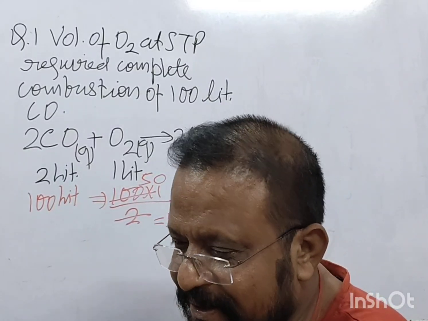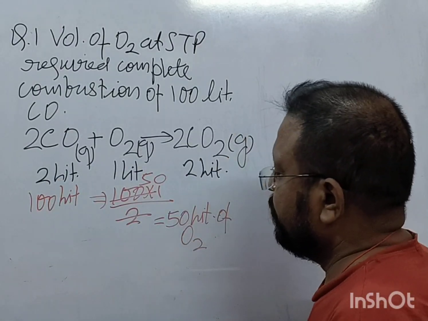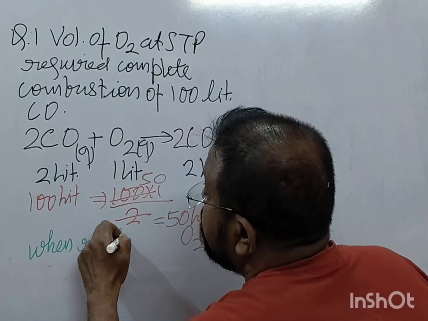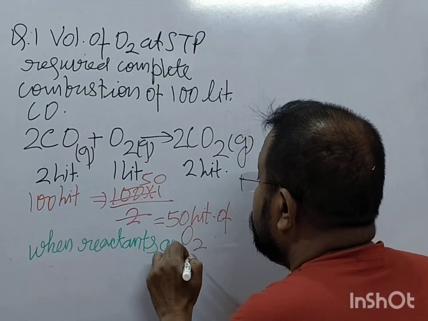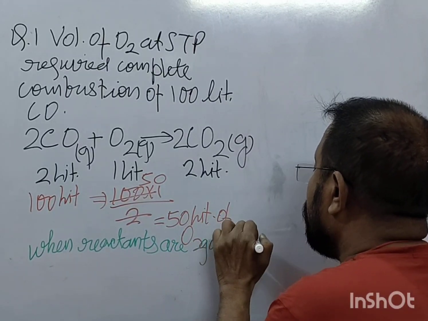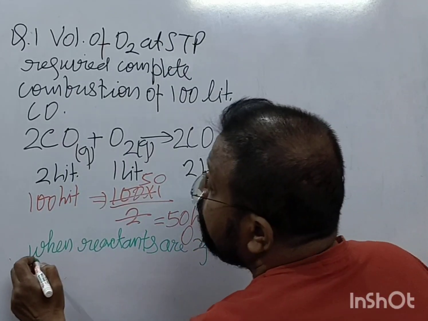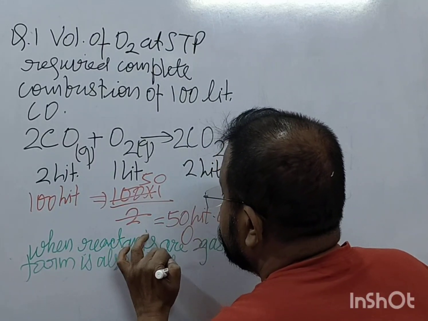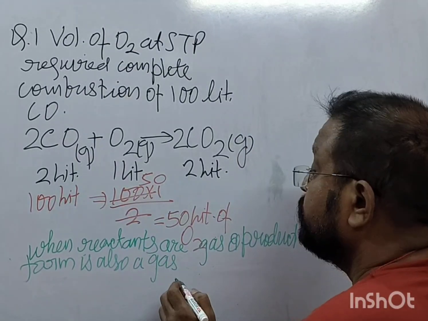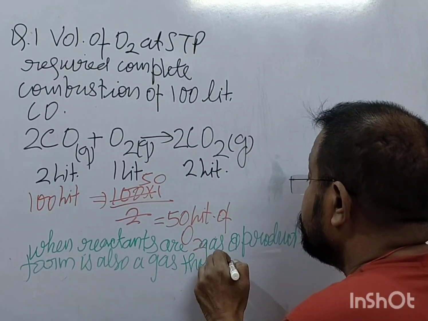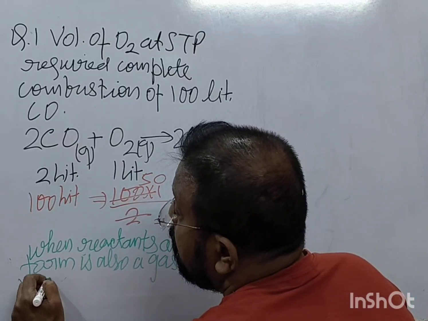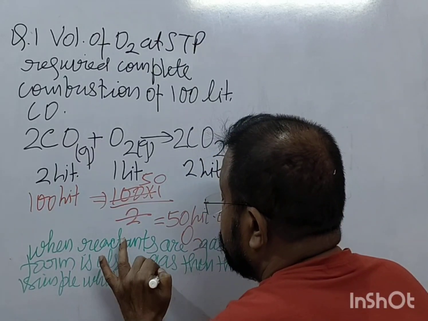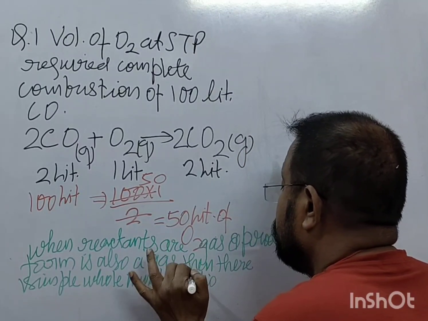What I said? When reactants are gas and product is also a gas, then there is a simple whole number ratio among them.